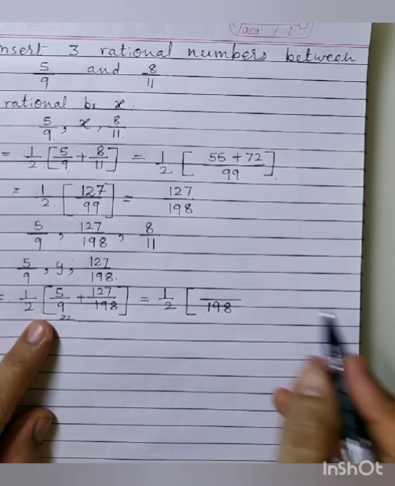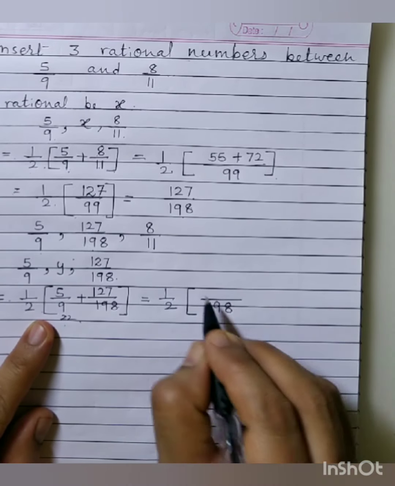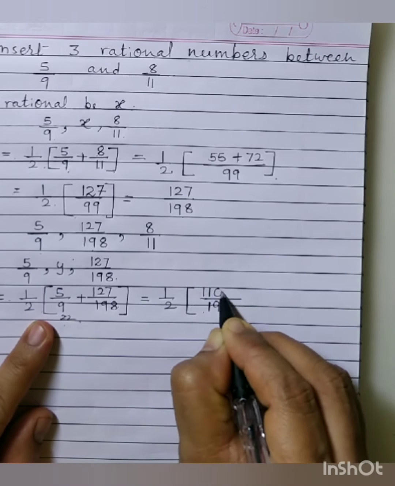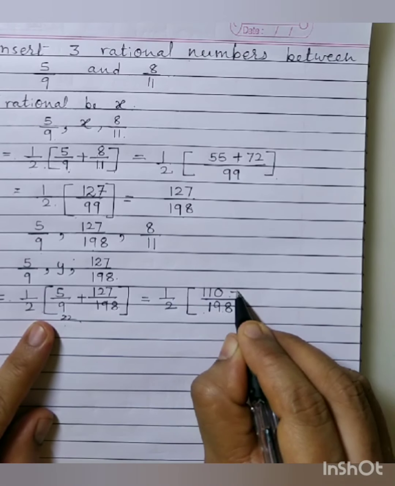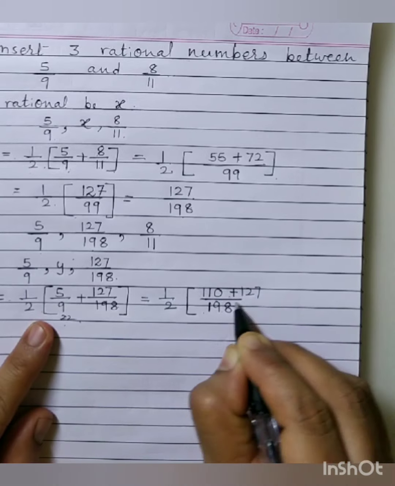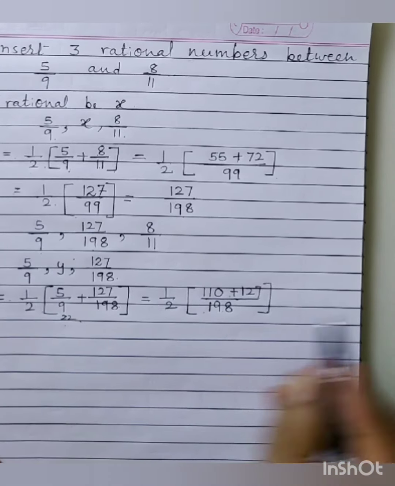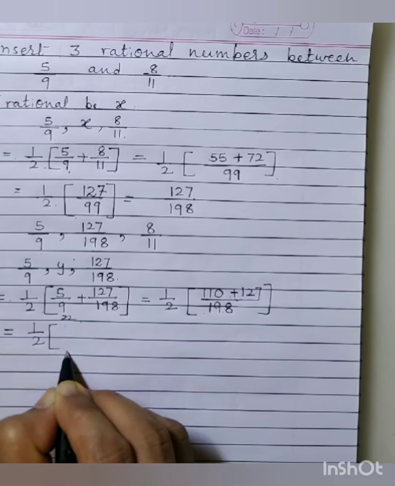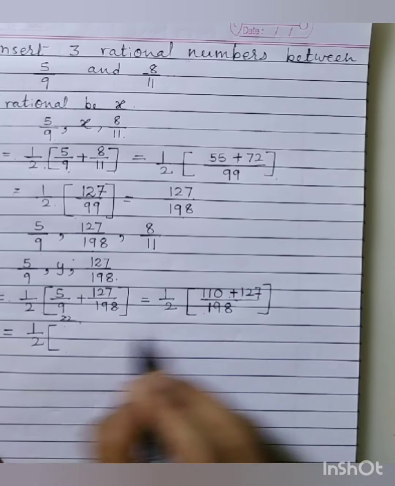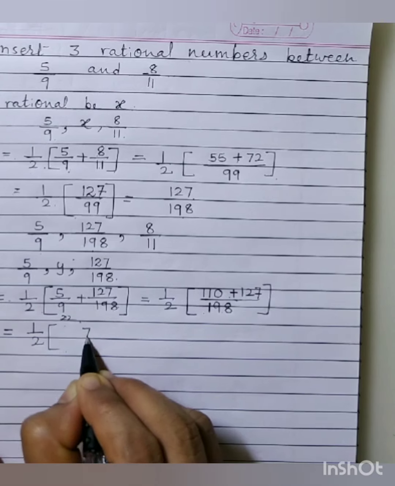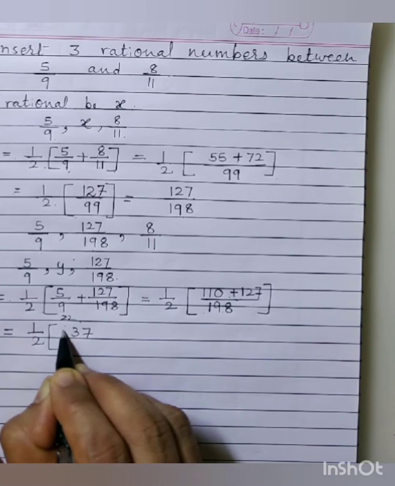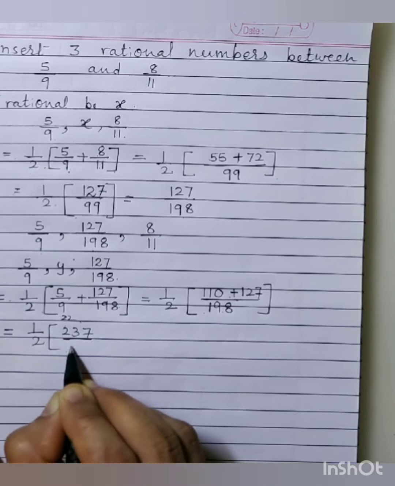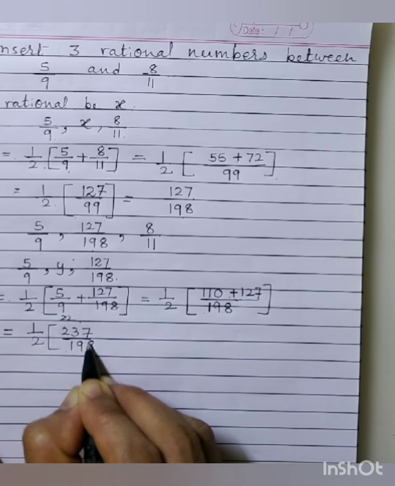So 5 multiplied by 22, 110, plus 127 as it is. So what's the rational number you have got? 1 upon 2 into 237 upon 198.